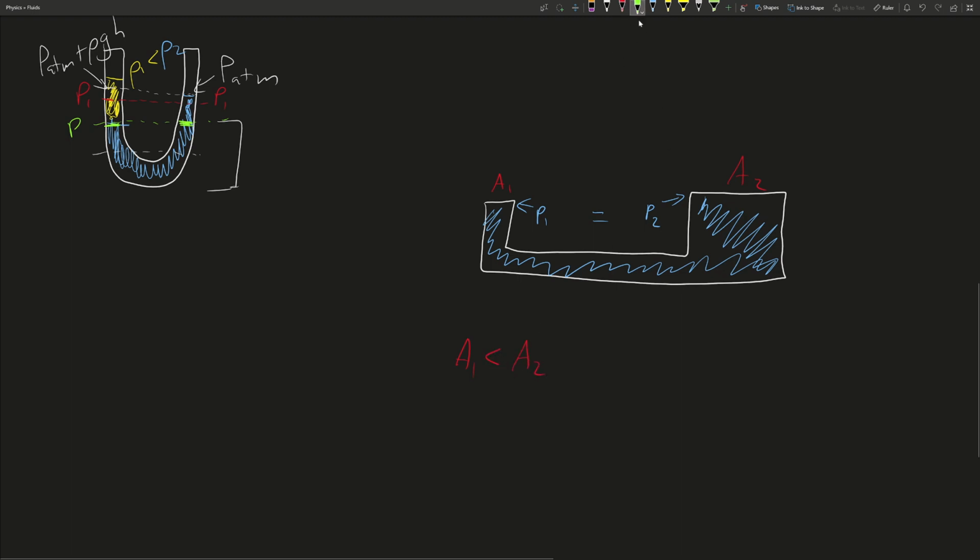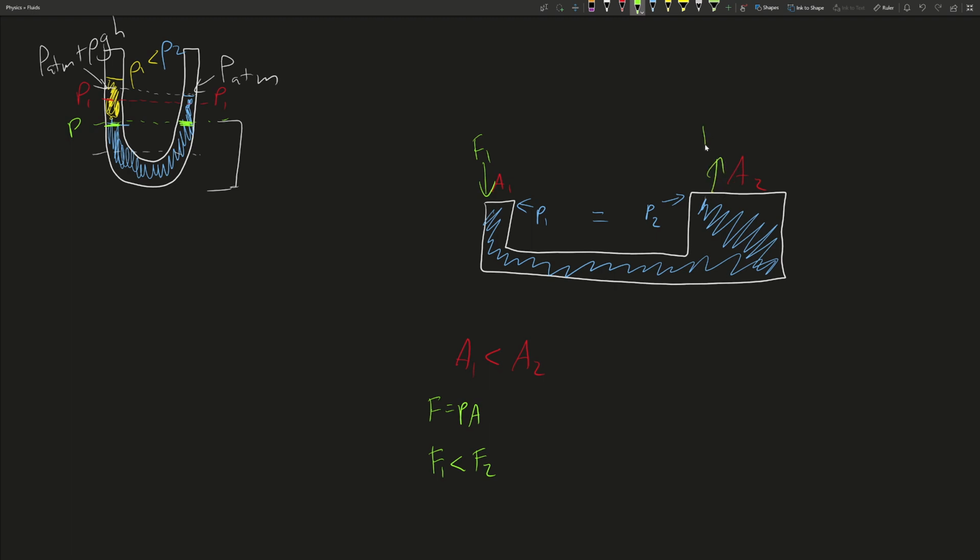And we know that since force is equal to pressure times area, since the pressure is the same and area 1 is less than area 2, we know that force 1 is less than force 2. Even though this is static, so this isn't moving, the force required to keep this static at the input is going to be less than the force required at the output.